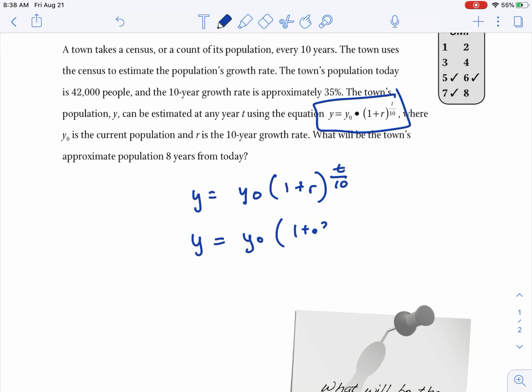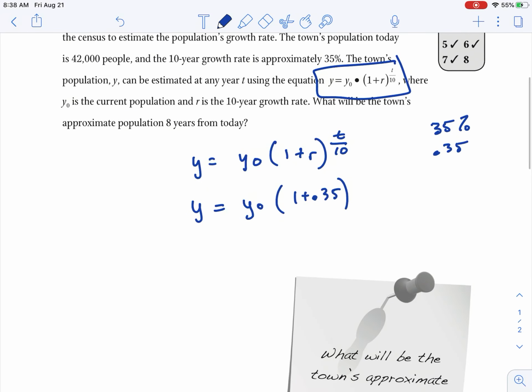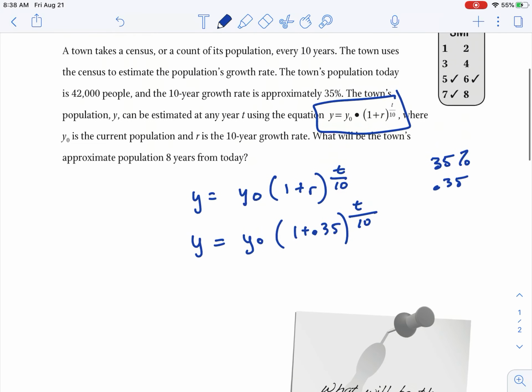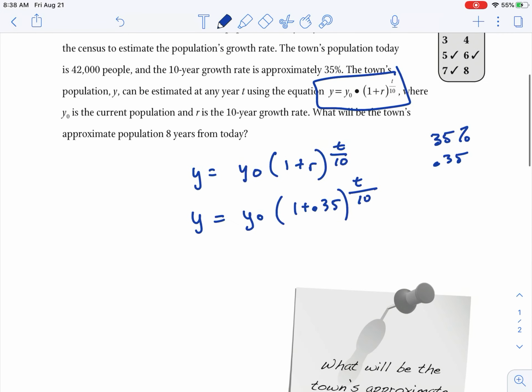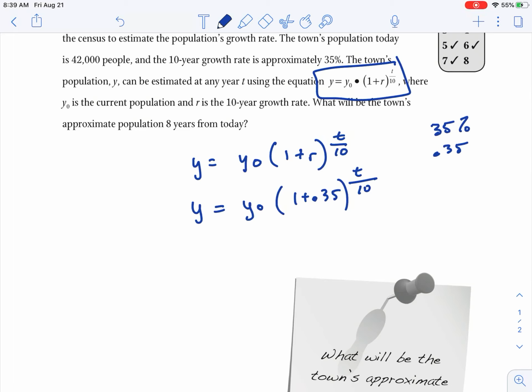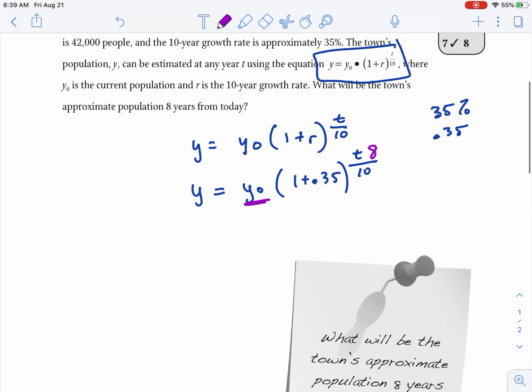1 plus 0.35. First of all, 35% is 0.35. Now, the general formula, this is T up here, but this is T divided by 10 because the census is only every 10 years. But T is how many years is it? Like 8 years. So we're not going to get to 10, so we need 8 out of the 10. We're going to put 8 there. Now, Y sub 0 means what is the population right now?